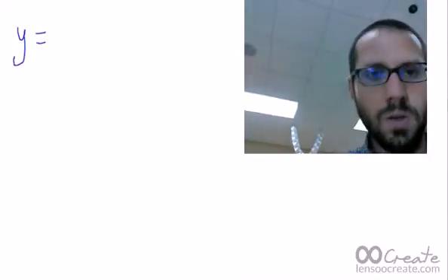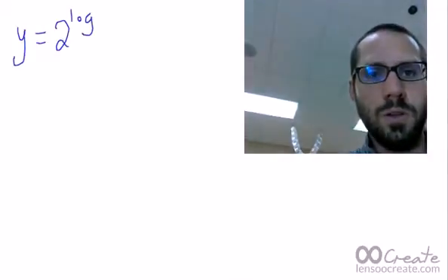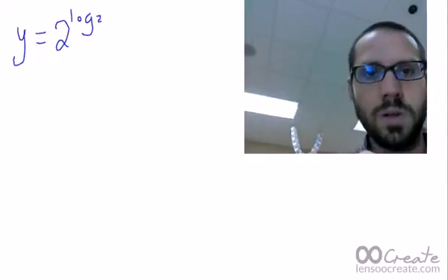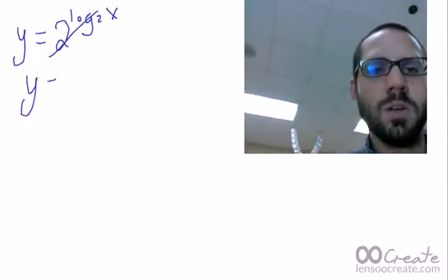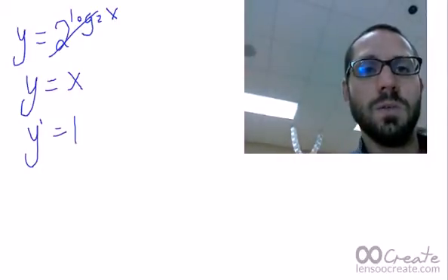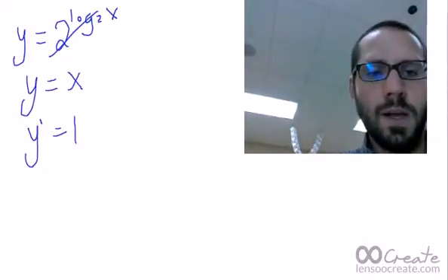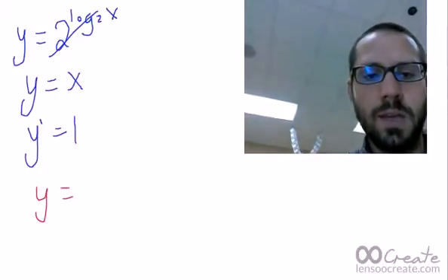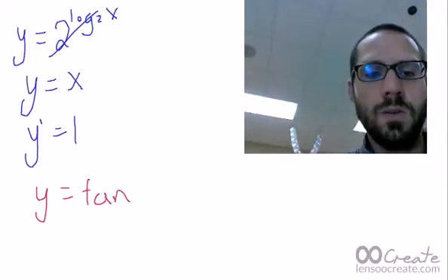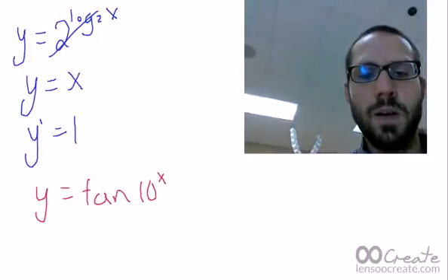All right, we just simplified a few of these in 612. Y equals 2 to the log base 2 of x. When these match, y equals x. Our derivative is 1. Nice. All right. Y equals tan of 10 to the x.